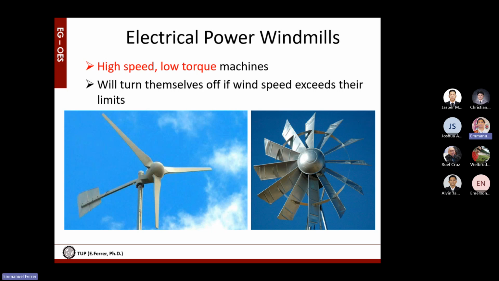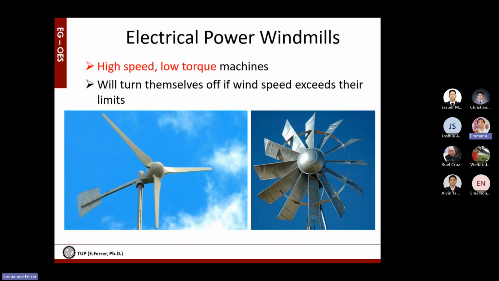Pag yung wind velocity sobrang lakas, baka magkaroon ng turbulent reaction, turbulent flow. So, pwedeng makasira ng turbine. So, meron silang stopping mechanism in case the velocity is too much. But high speed, low torque, sa generator mo.